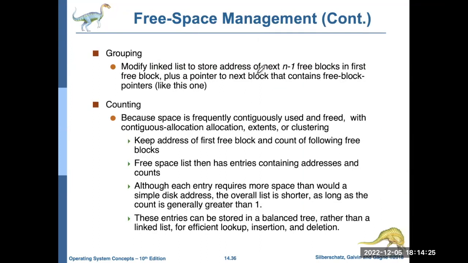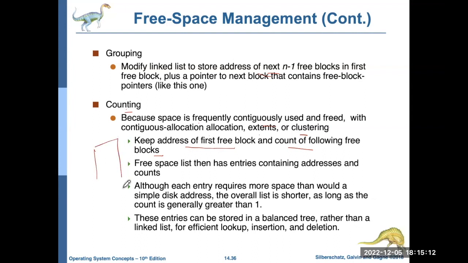Now grouping: rather than having one block only, we can have a group of blocks together, which will have a better impact on performance. Because space is frequently contiguously used and freed with contiguous allocation, extent, and clustering, rather than keeping just the address of the first free block, the count of the following blocks can also be kept.